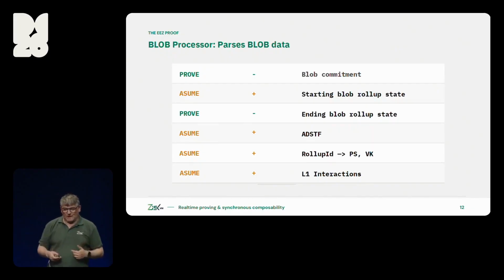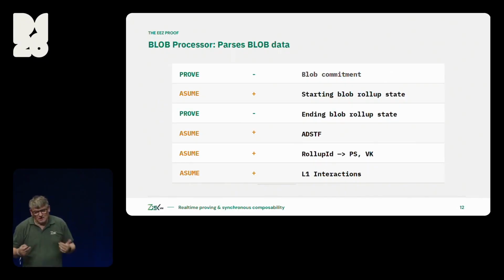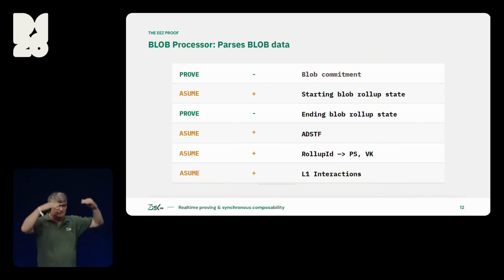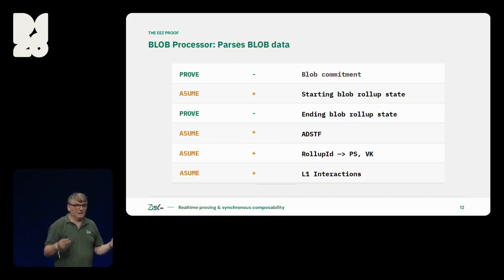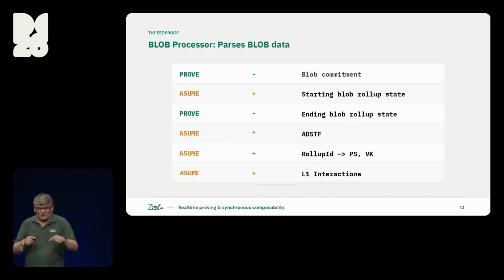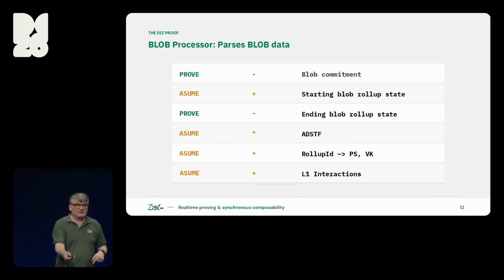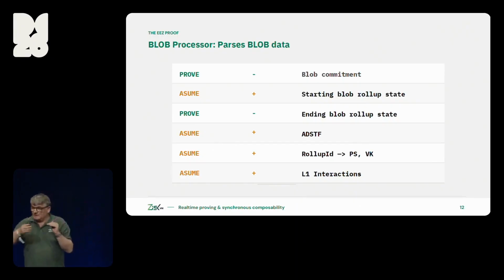What I'm assuming is that the starting rollup state and the rollup states that happen at the rollup are given ones. Well, I'm assuming this. And I'm proving that at the end of the rollups, this is going to be the state. But in order to do that, I need to assume that the state transition functions of each of the states are correct.